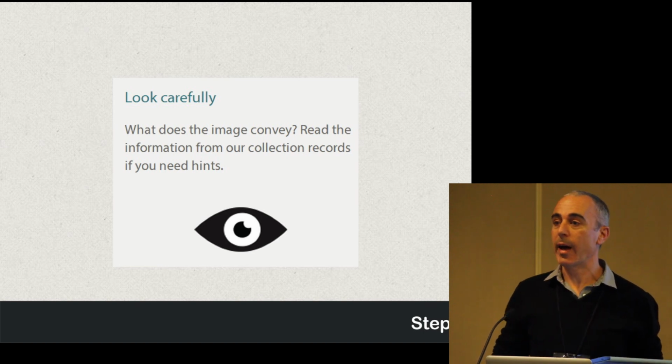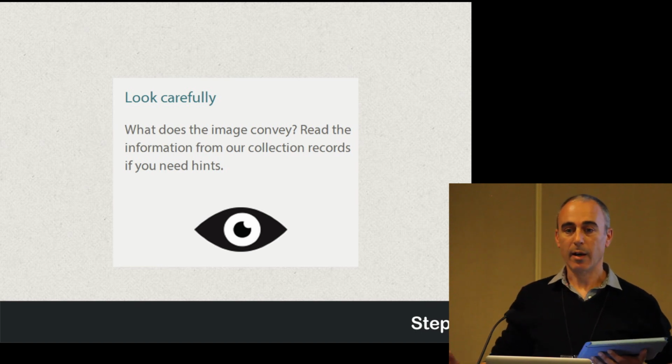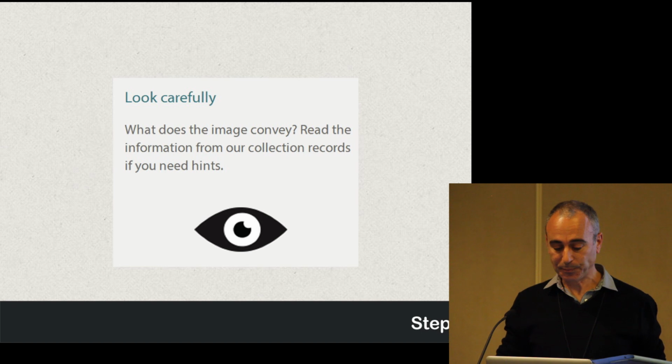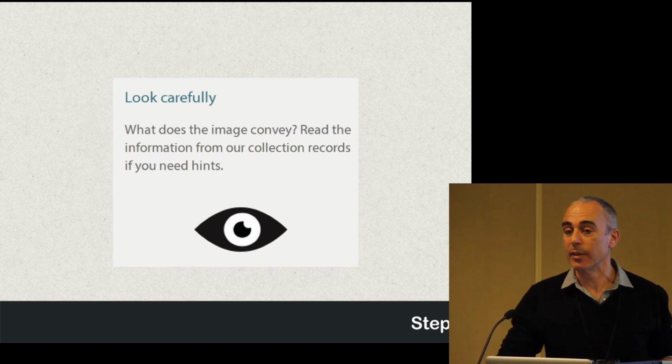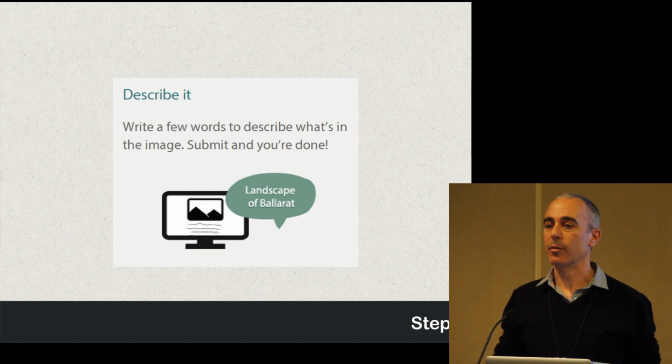We ask folks to look at the image and describe what they actually see, not the context of the image, which is useful to those folks who need this kind of description. Once they've done that, they simply fill out a small form, and the description goes straight back into our system and is then available for use on our website.